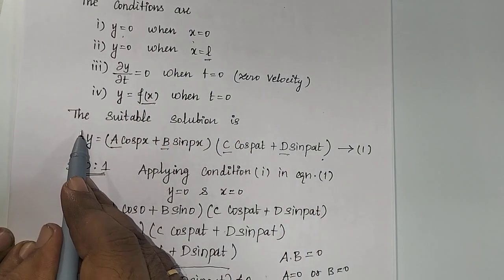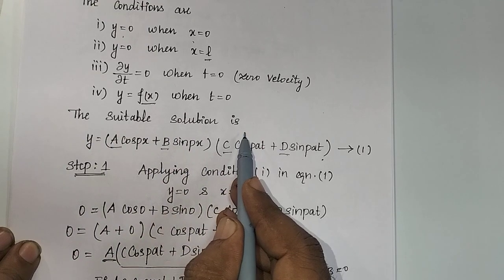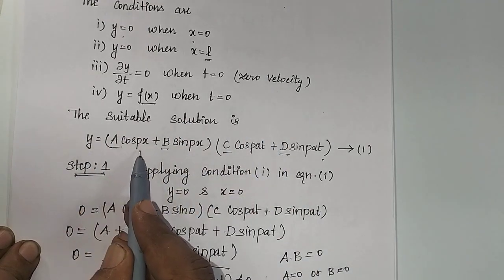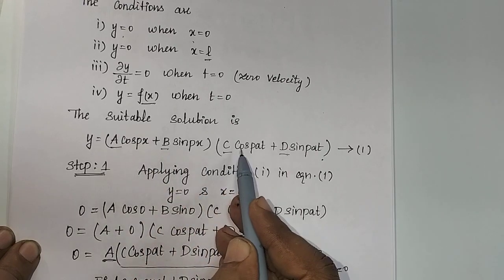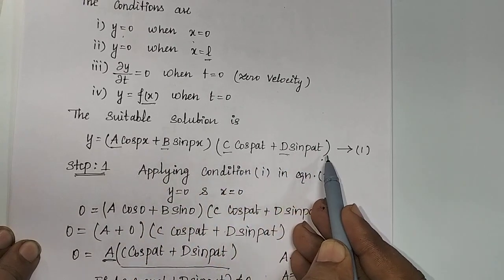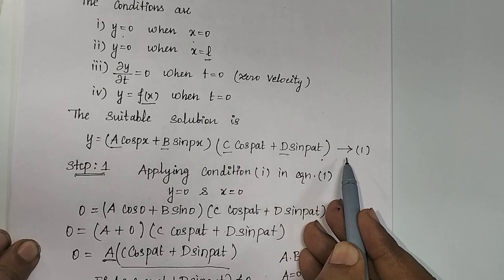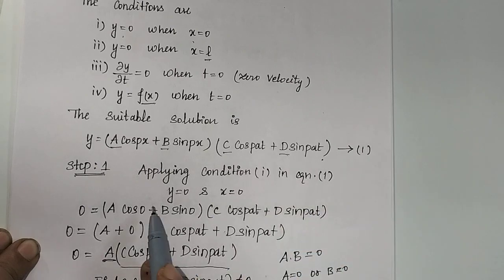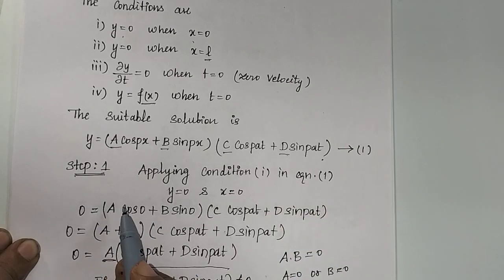Already I told you this is our suitable solution for solving the one dimensional wave equation: y = (a cos px + b sin px)(c cos pat + d sin pat). This is our equation 1. Now I am going to apply those 4 conditions one by one, step 1, step 2, step 3, step 4.